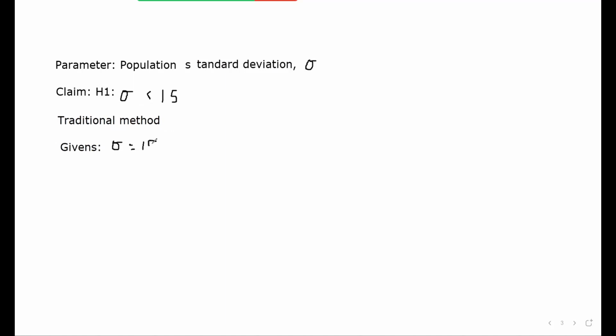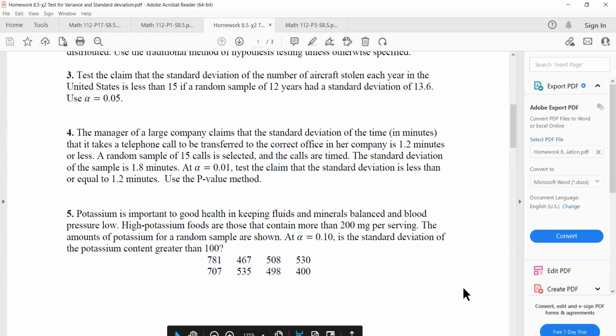We need our S. And remember, this is a standard deviation as well, but it's the standard deviation of the sample that you took. Okay. She tells you that the population standard deviation is 15. The sample standard deviation was what, Jason? Do you remember? 13.6. That's S. Okay. And N is 12.